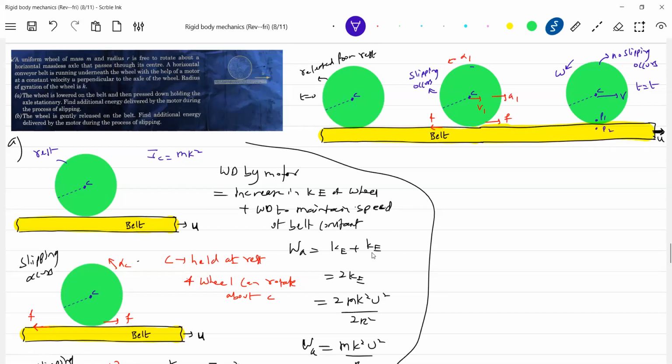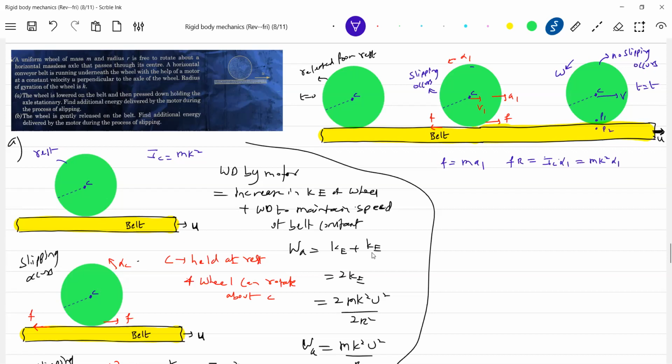So the friction will accelerate the center of mass: F equal to ma1. Then F into r, since there's a wheel, equals I_c into alpha 1. What is the friction?